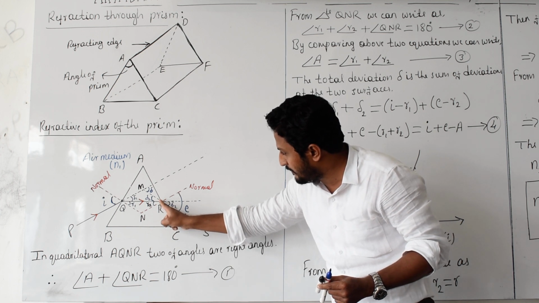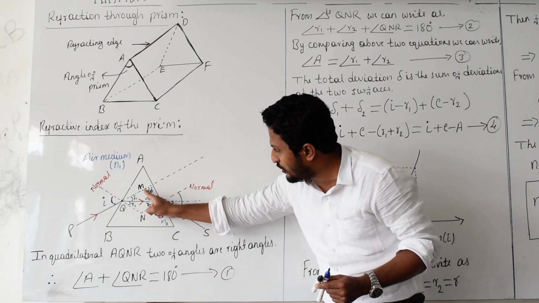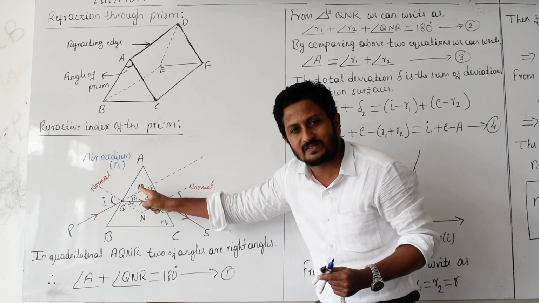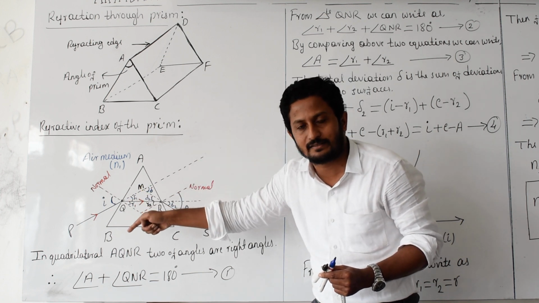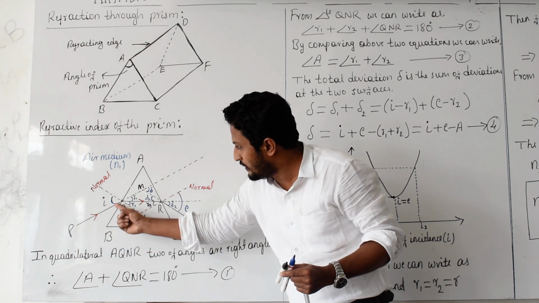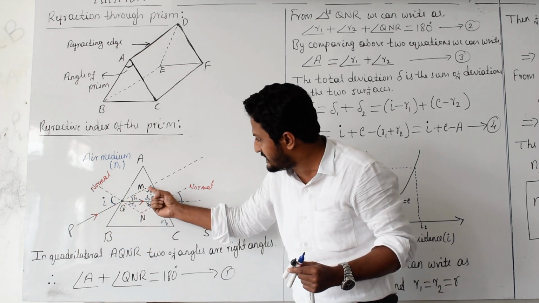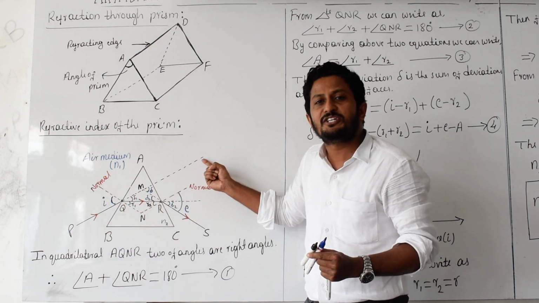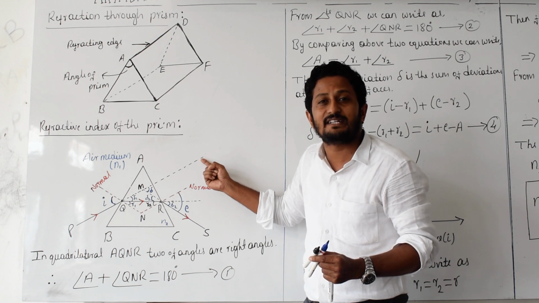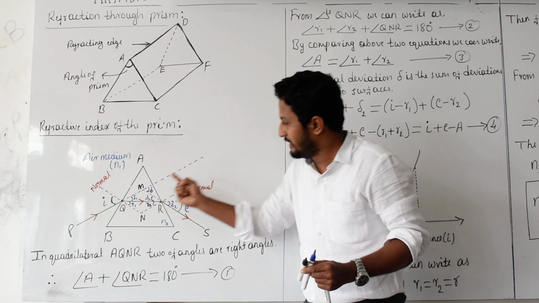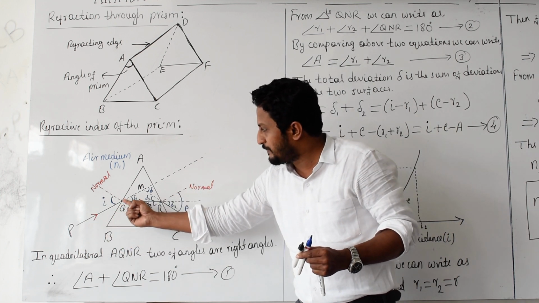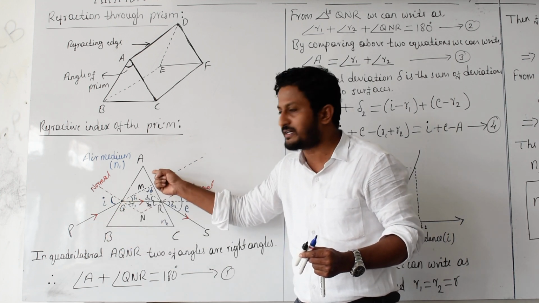That backward extended line is going to cross the extended line of the incident path. PQ, this dotted line, is the initial direction, I mean the incident path of the light through the prism. In this direction, PQ light got incident on the prism.